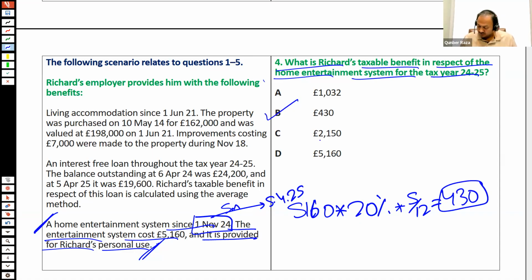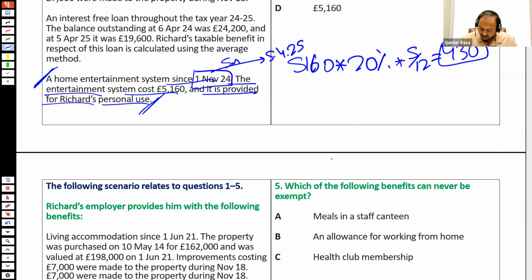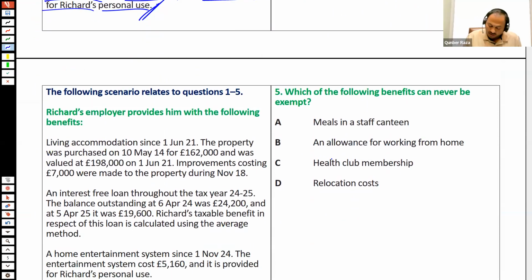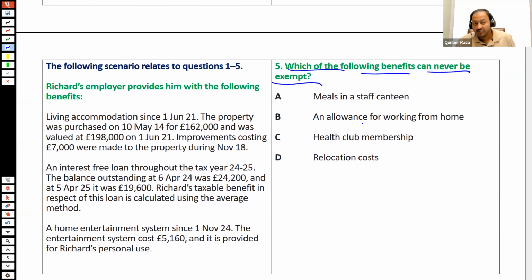Okay. I'm moving to the next one, the fifth one. Which of the following benefits can never be exempt? Can never be exempt means it is always taxable. So never means you need to think, even in one situation, can it be exempt? So you need to think over here, never be exempt.